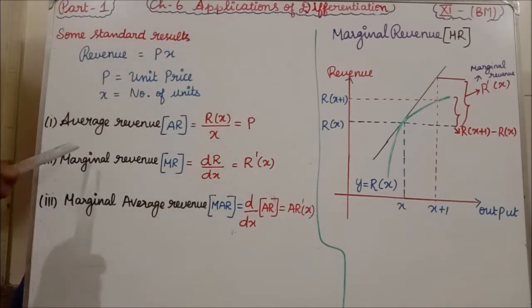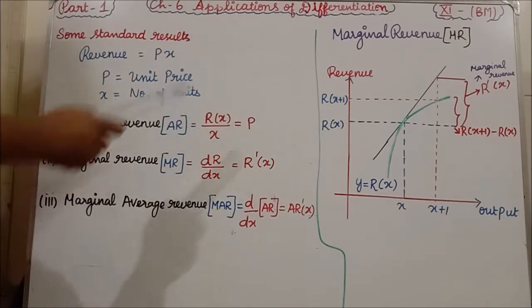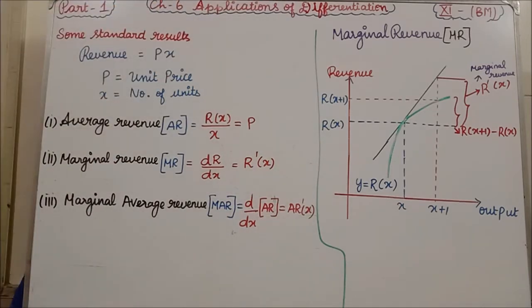Next is marginal revenue. For marginal, we have to see that graph. Similar to the earlier standard result for marginal average cost, where we saw the diagram, now for this also we are going to see the graph for marginal revenue. It is the same as what we saw for the cost graph.